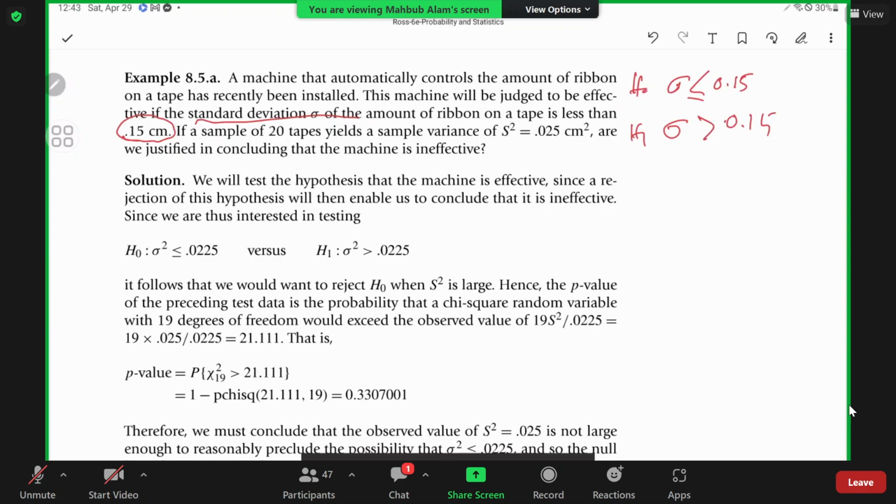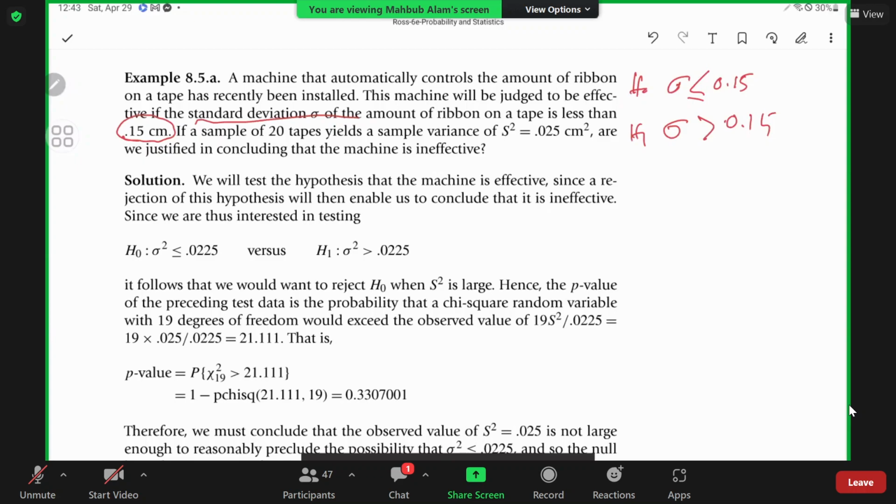Oh, I forgot, it's a one-sided test, so I do not need to go for this one. 21 is less than 38, so we do not reject the null hypothesis.